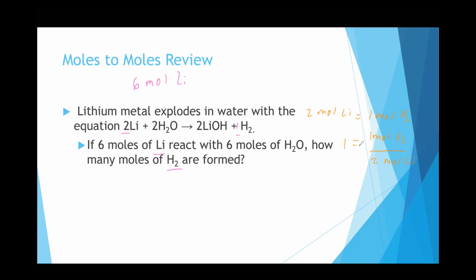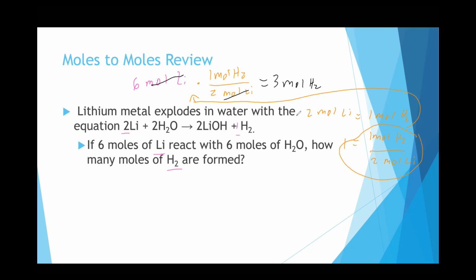Now this is a conversion factor that we can use. We multiply by 1 mole hydrogen over 2 moles of lithium. The moles of lithium cancel out, and we get 6 over 2, which is 3 moles of hydrogen. That's how we get our answer of 3.